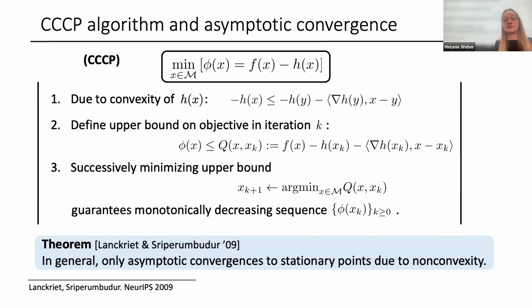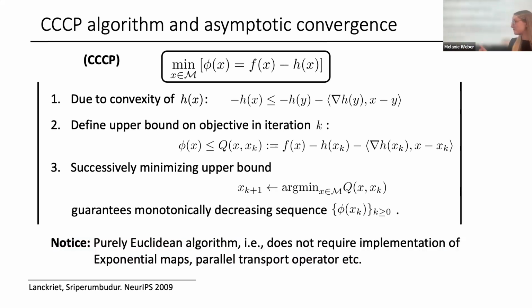And it's also difficult to give non-asymptotic convergence guarantees, meaning to say precisely how close we are to the optimum after a certain number of iterations. And then, as I already said earlier, nothing in this construction of the algorithm uses Riemannian tools. We don't need to compute any Riemannian gradients or exponential map. It's a purely Euclidean algorithm.